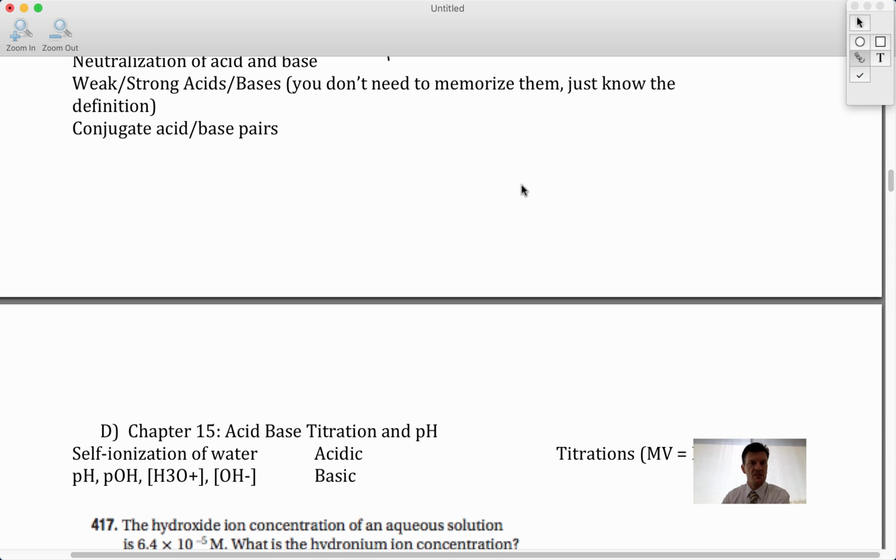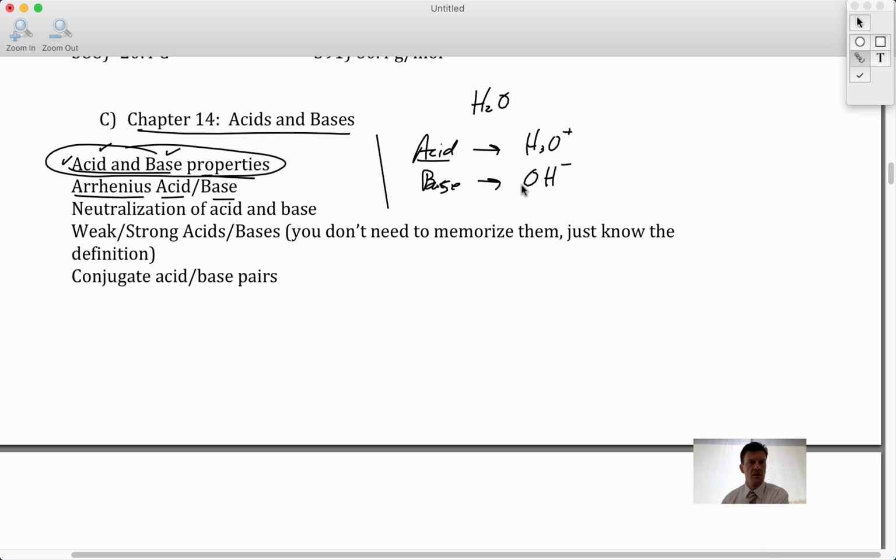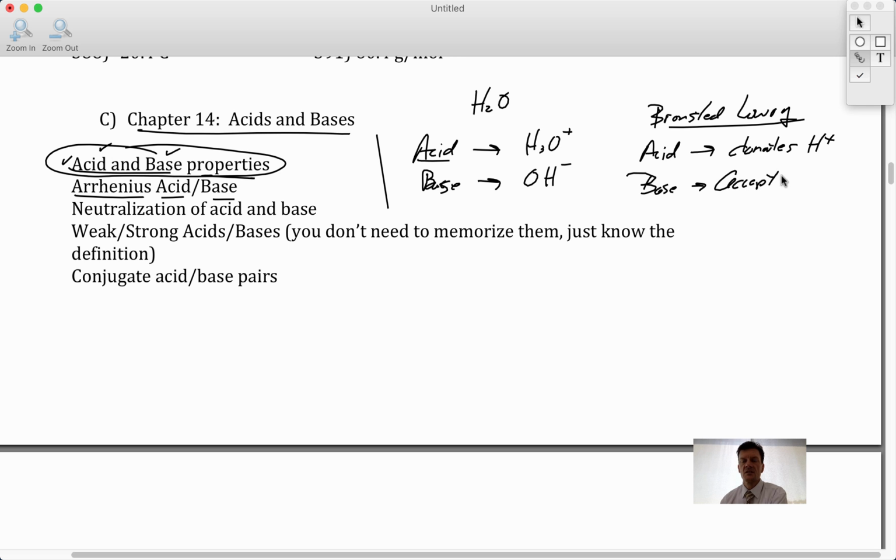I will also mention here that you need to think about the definition for Bronsted-Lowry acid and base. Bronsted-Lowry, an acid, is one that donates the H+, and the base is one that accepts the H+.